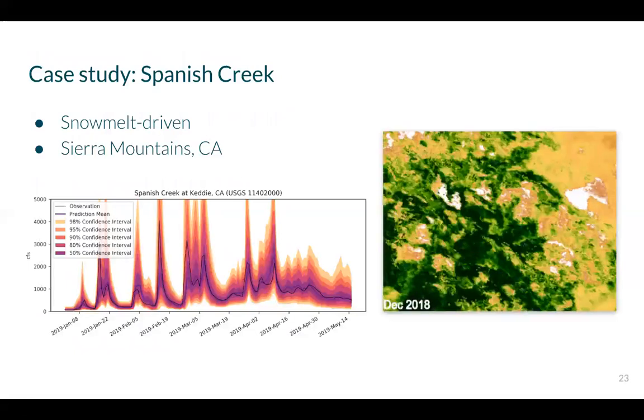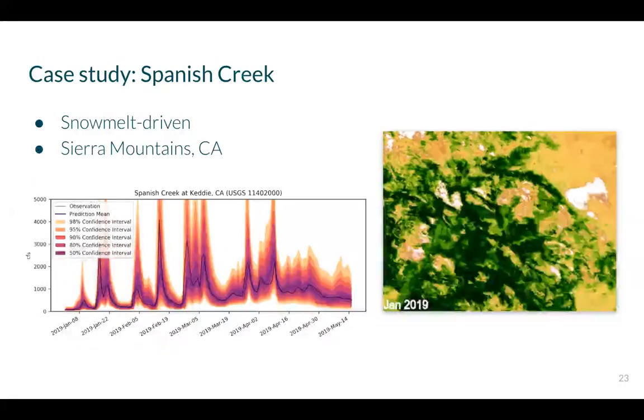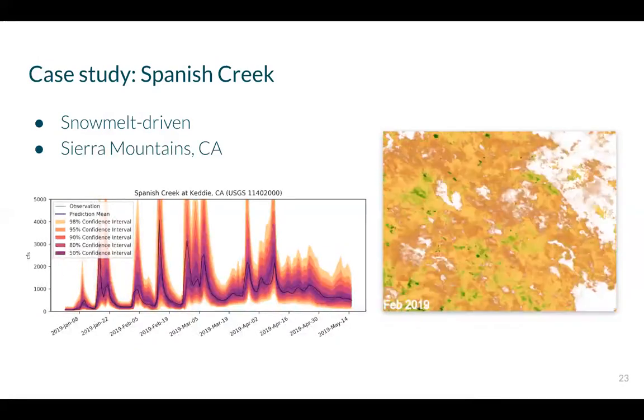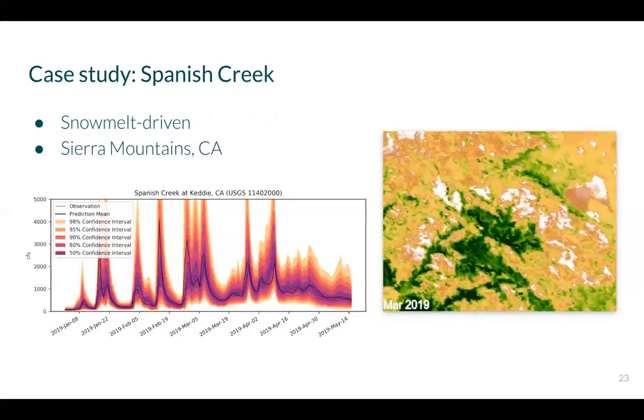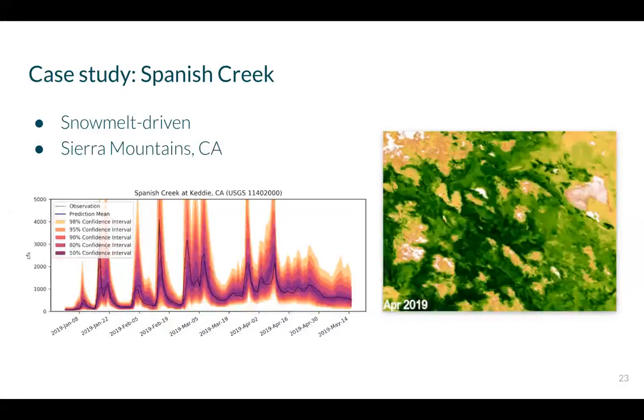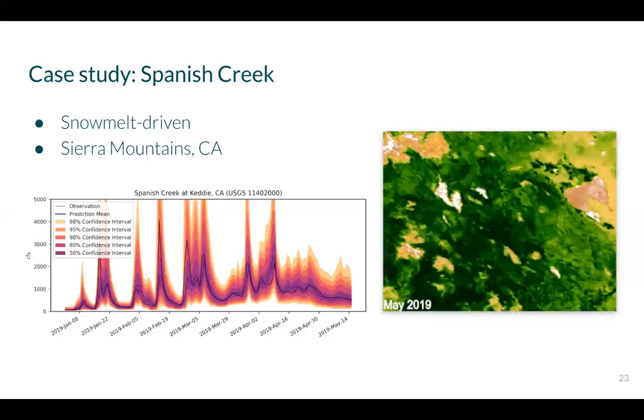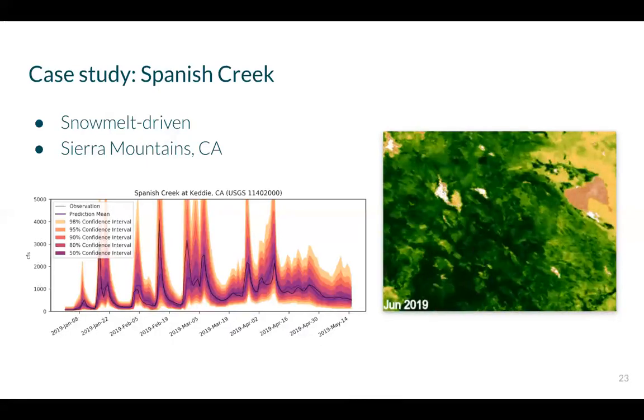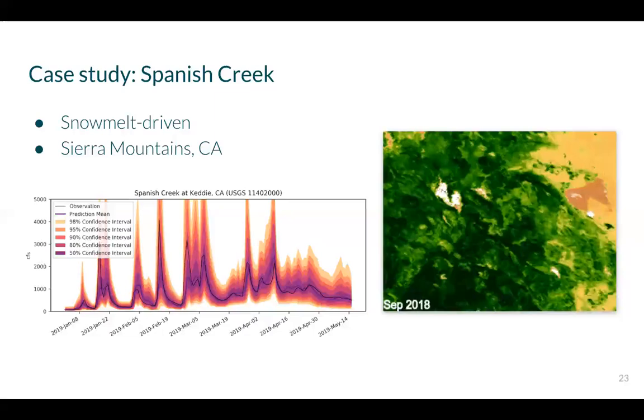Our case study location is Spanish Creek. It's up in the Sierra Mountains of California. This is a snowmelt driven basin, so we see large snow accumulation over the winter. You can see that in the animation of that same satellite vegetation index that we saw earlier.